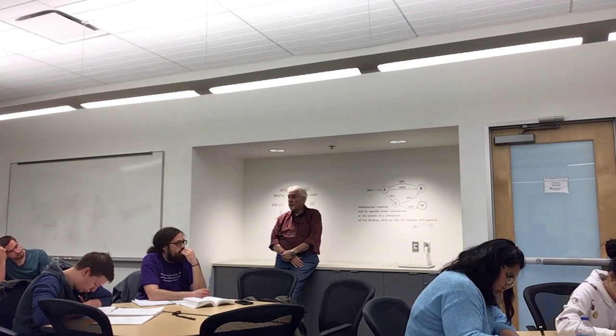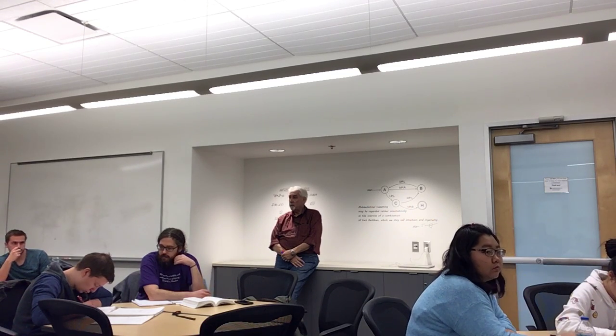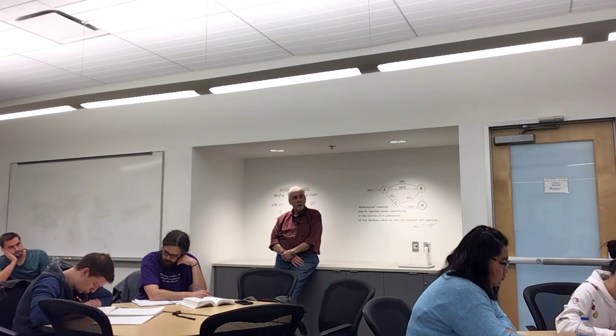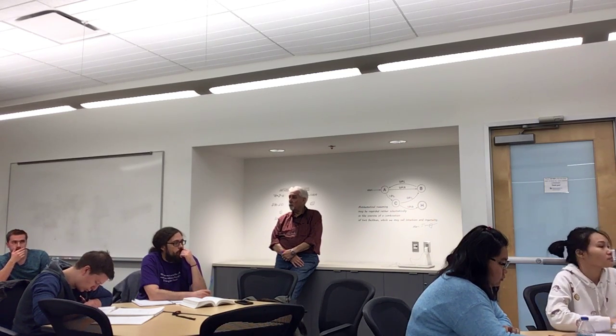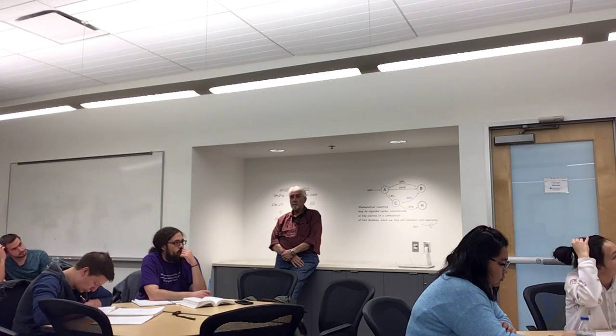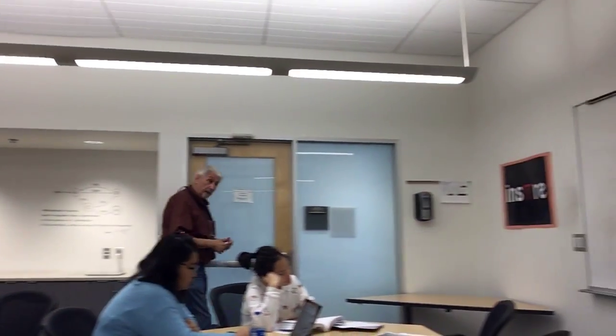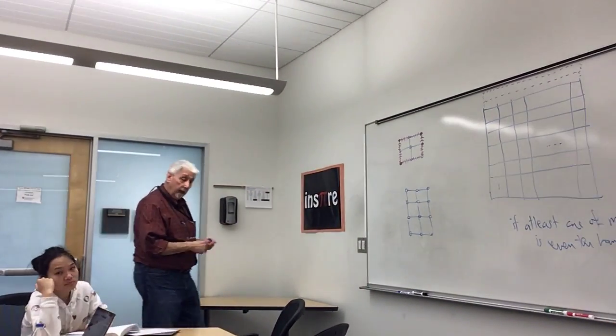Come on, it's almost like a game, right? Now, last week we talked about something: if it's Hamiltonian, what can you tell me about vertices of degree 2? They're contained on the cycle.